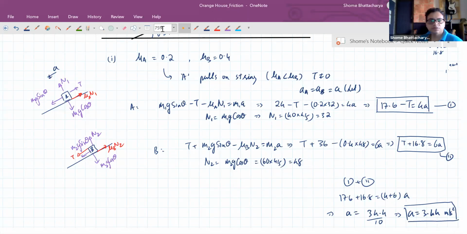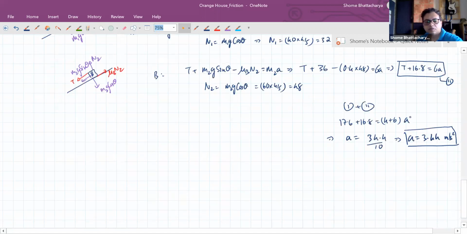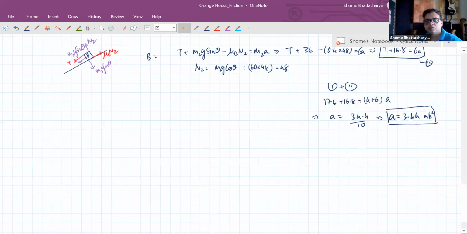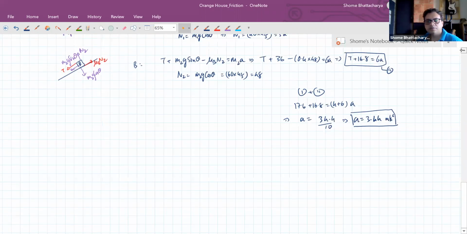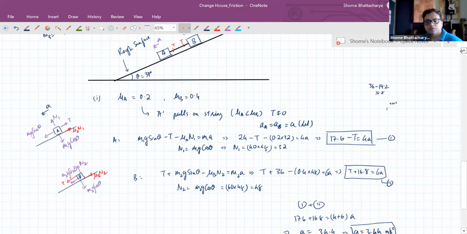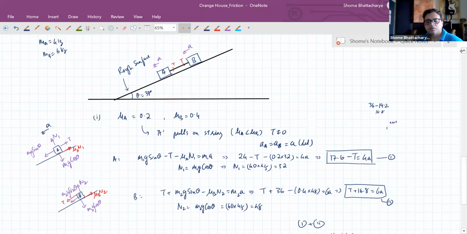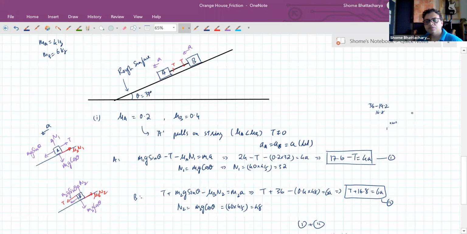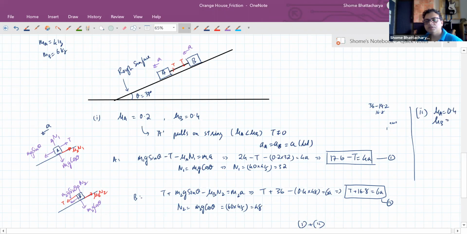Okay, so I'll just leave you to analyze this part once and then start on the second part. So in the second part, the rest of the data is the same, only coefficient of friction is reversed. Mu A is 0.4 and mu for B is 0.2. Rest of the things are all the same.